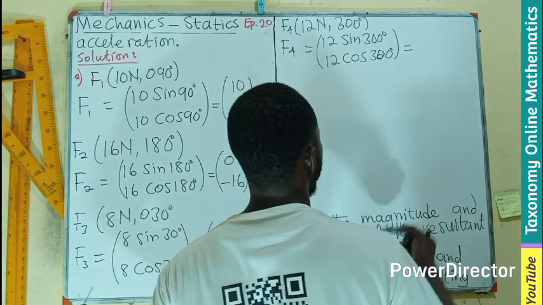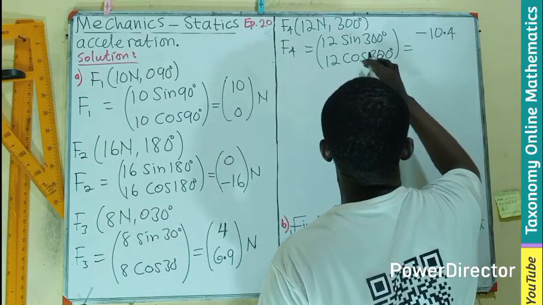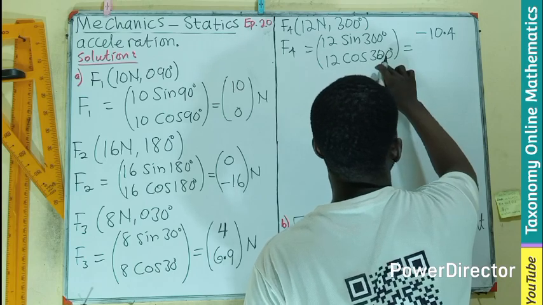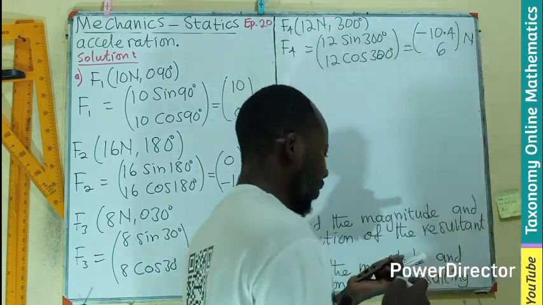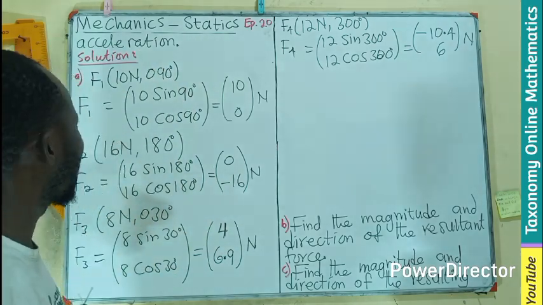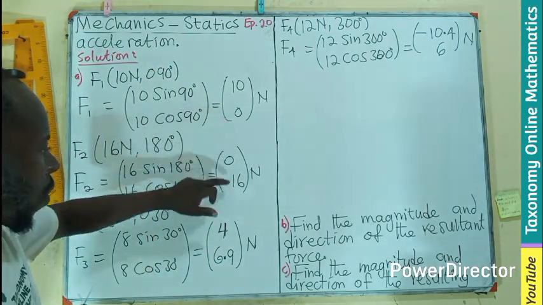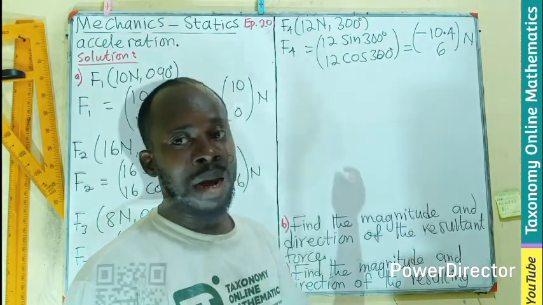The first part gives negative 10.4. The second part gives 6. All these in Newton. So you can see that we have the first part of the question, asking for the vector column form of all the four forces acting on that body.